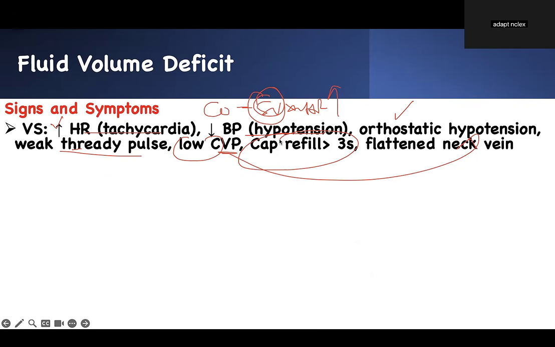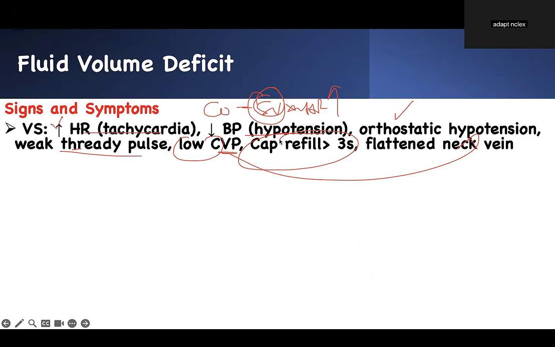But if you have a fluid deficit, if I pinch your nail and release, it will take a long time for the blood to return. Therefore, your capillary refill should be greater than 2 to 3 seconds. The word greater means taking a long time, not faster. Once again, greater than 3 seconds means it's going to take a long time for blood to come back to your capillaries. Therefore, look for higher than normal for fluid deficit.